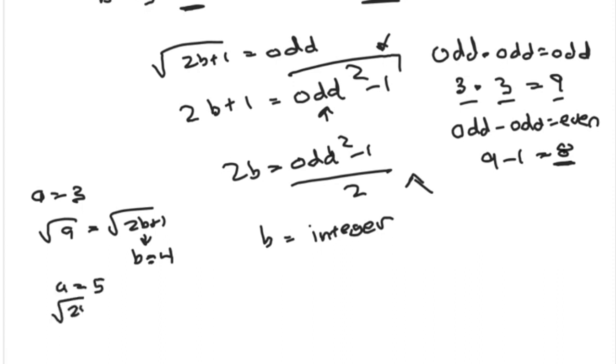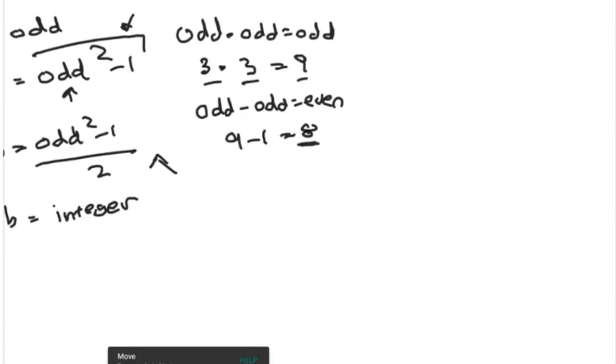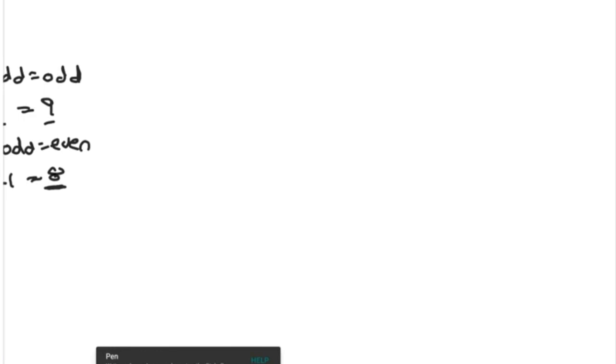That's equal to square root of 25. Set this equal to square root of 2b plus 1. We notice that if we let b equal 12, this will match. For every single odd number, there will be a value of b that can satisfy this, such that a will also be an integer. Now, let's look at the values such that we have a as an even number.